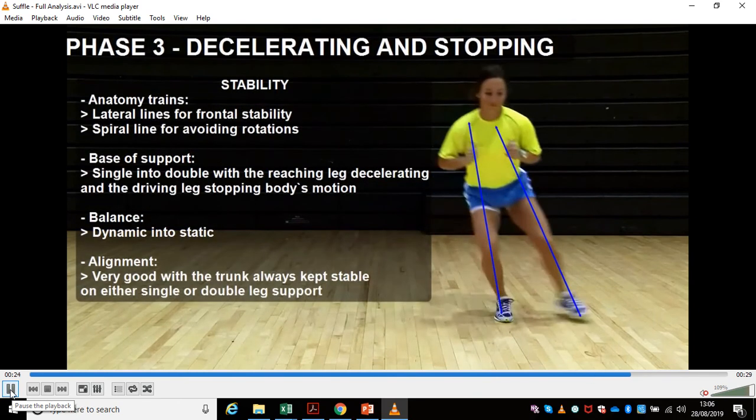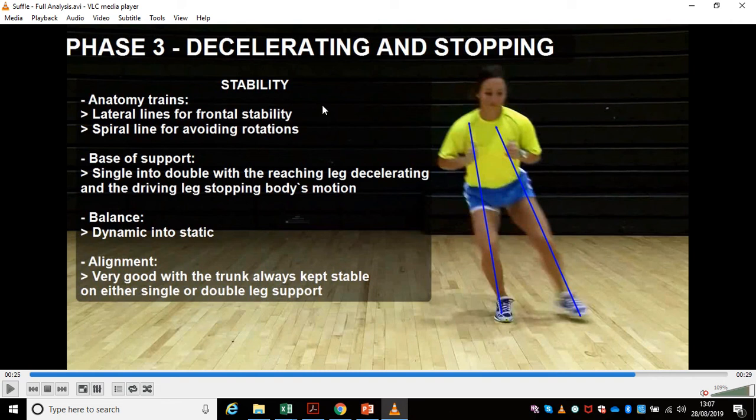So actually the performer again comes into a stability-related phase, where the same anatomic lines that originally had a role in stabilization and then were demanded to produce forces to accelerate and move the body sideways, now again the same anatomic lines, the lateral lines, are demanded to absorb forces and to keep a good stabilization of the body in both the frontal and the horizontal plane.